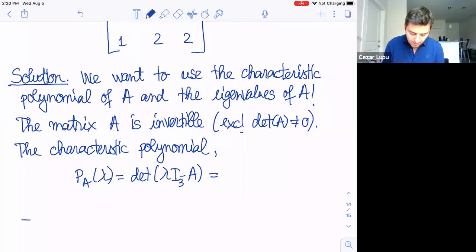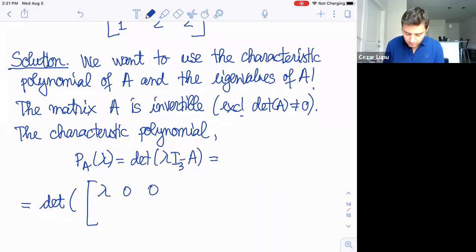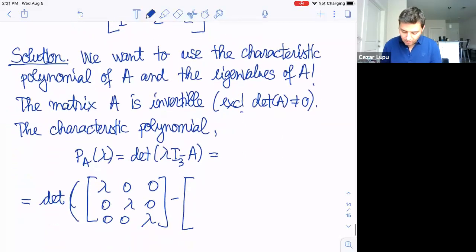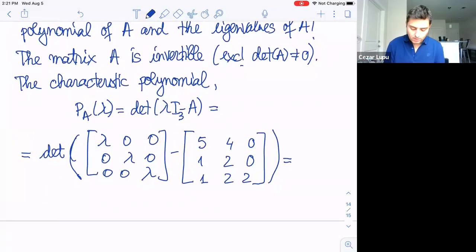This will be the determinant of the matrix lambda, 0, 0, 0, lambda, 0, 0, 0, lambda, minus the matrix A: 5, 4, 0, 1, 2, 0, and 1, 2, 2.